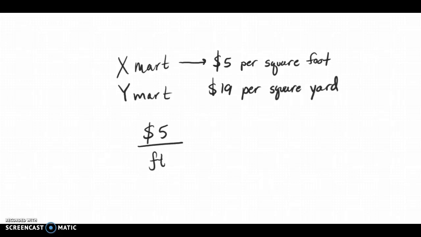So the units look like this. And I want to get that into dollars per square yard. So I need to multiply by some conversion factor so that I get dollars on the top and square yards on the bottom. And so then I will be in the same units that are listed here.